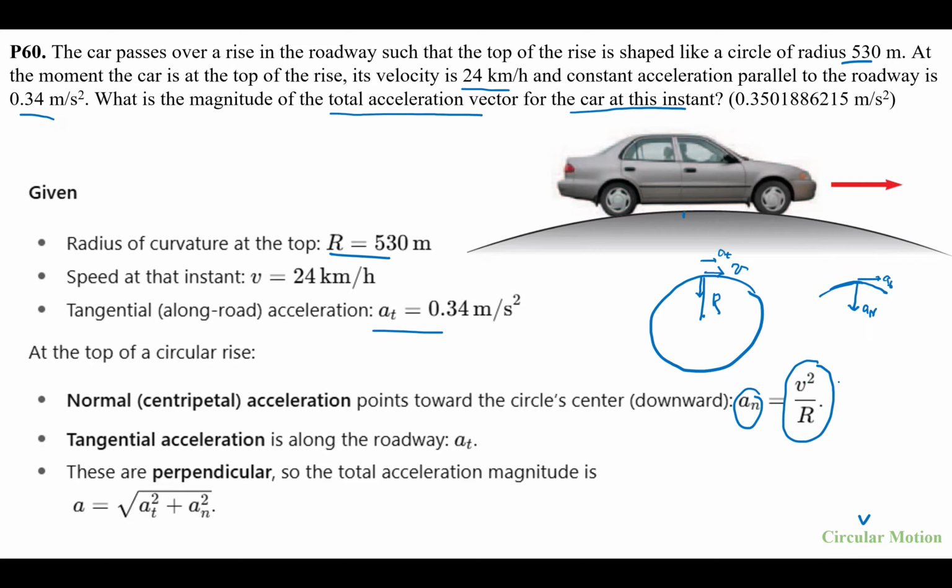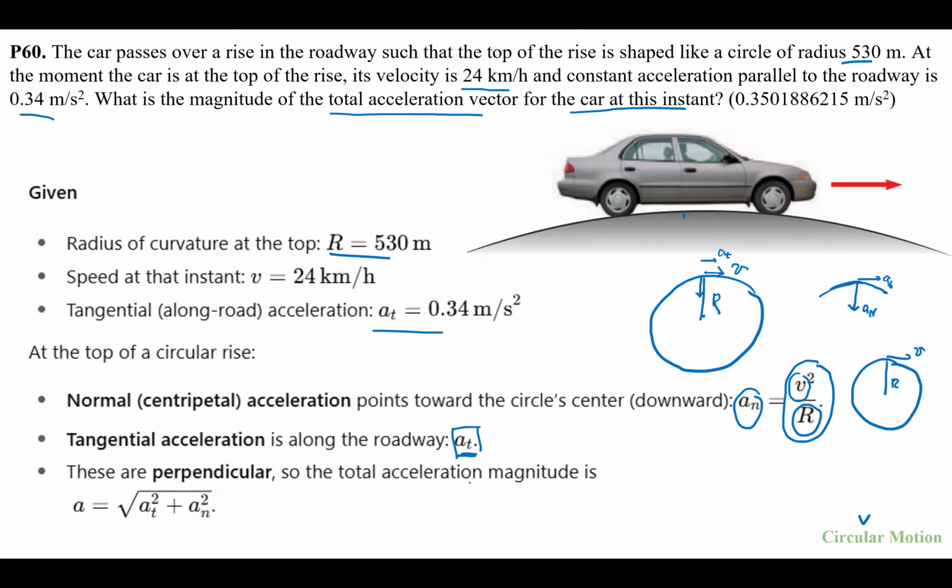So if you have a certain radius and velocity, then acceleration is expressed in terms of the radius and the velocity. Okay. So tangential acceleration is along the roadway, at. So we have at here and an. We need to know that.